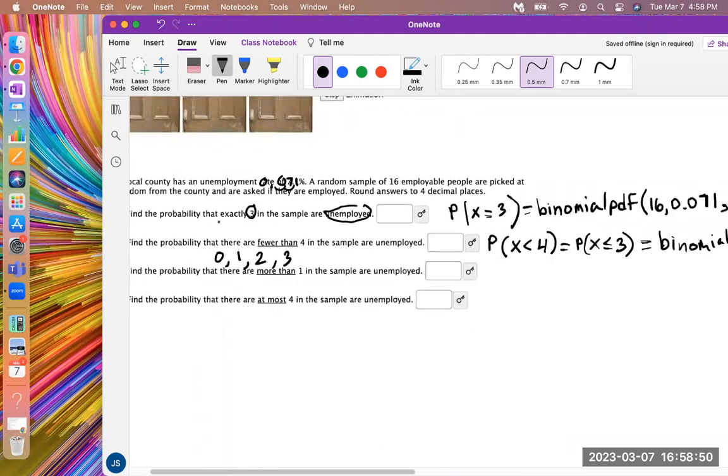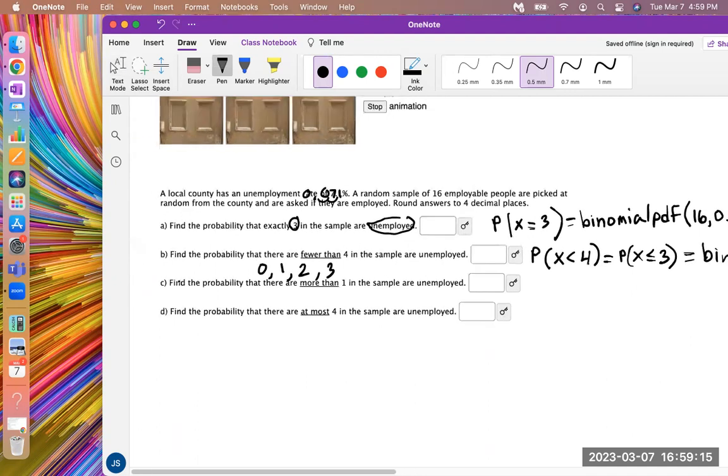Then it says find the probability that there are more than 1 in the sample that are unemployed. Now we have a function that will add a given value and all the values smaller, but we don't have a function that will give us a certain value and everything larger. So the only way we can do this is by using the complement. More than 1 does not include 1.